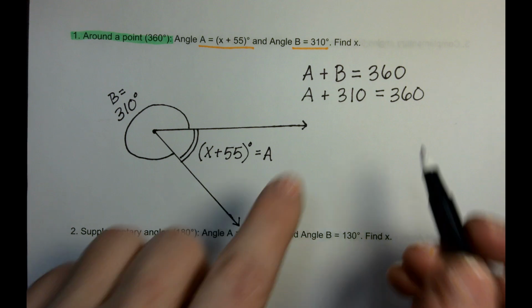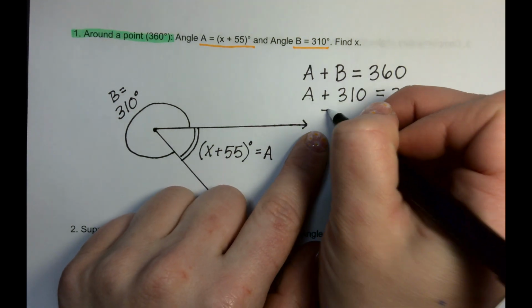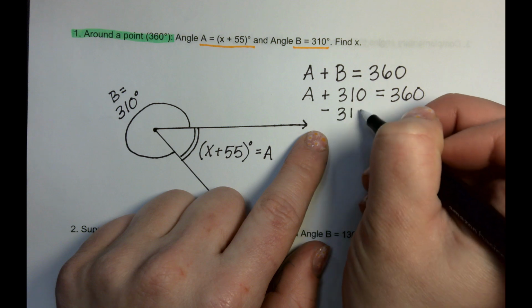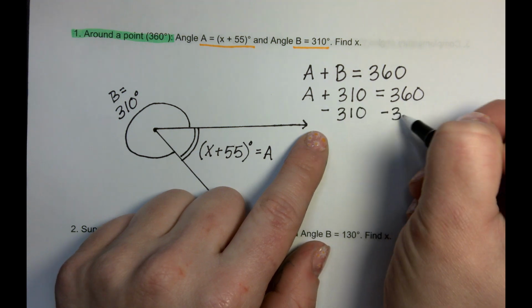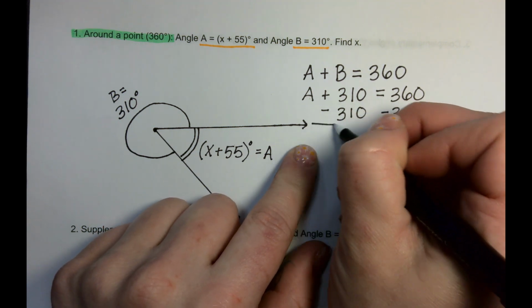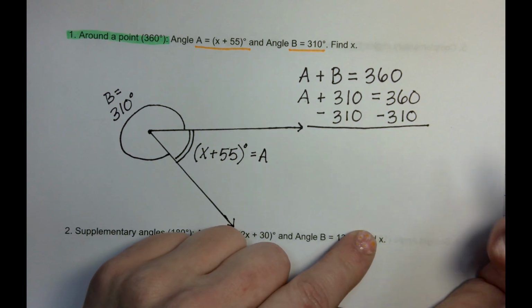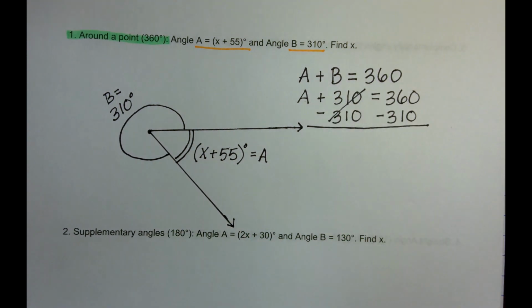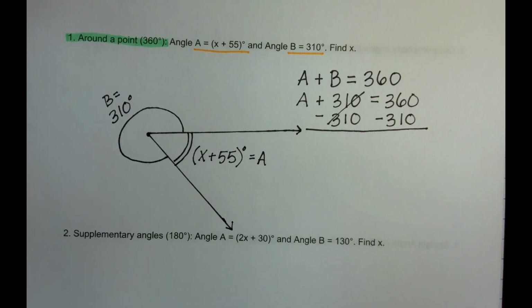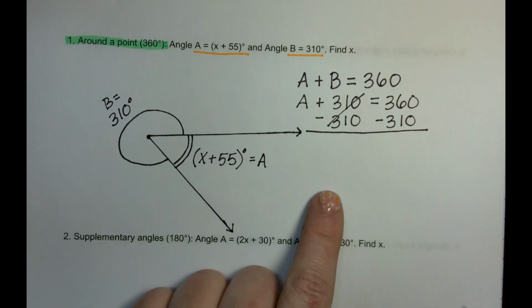Now, to solve for A, we're just going to use our inverse operations. Minus 310 on both sides. My 310s will cancel. And what happens next?